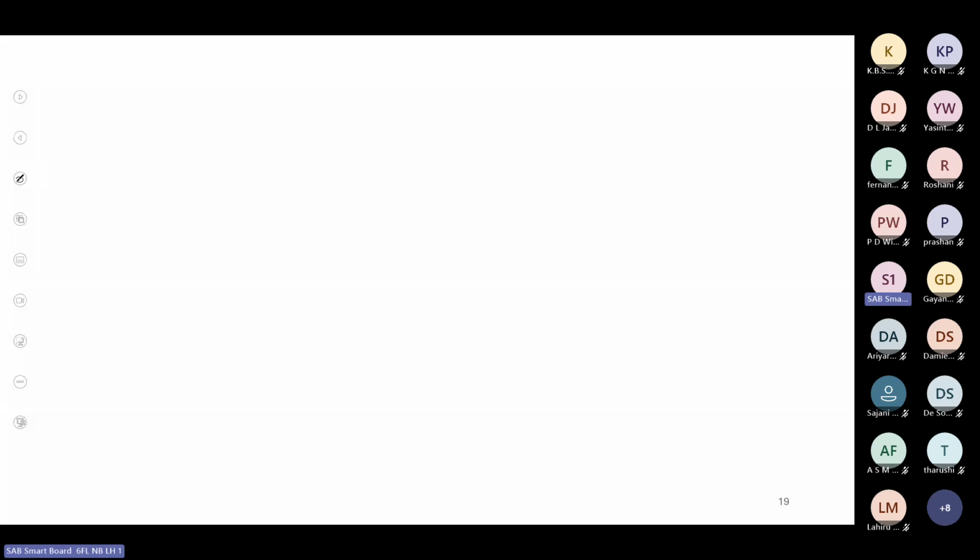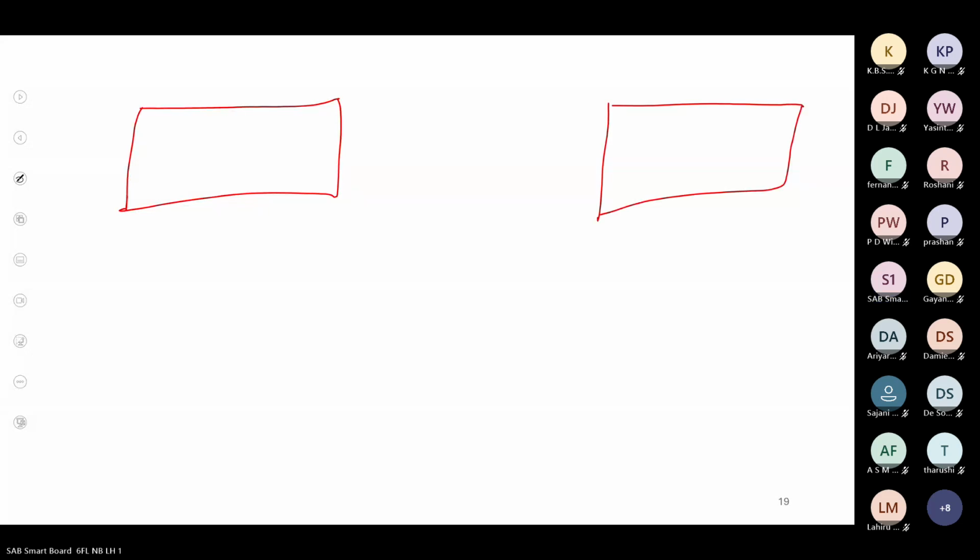So what are our variables? Independent, dependent, direct relationship. Independent here is internal controls.